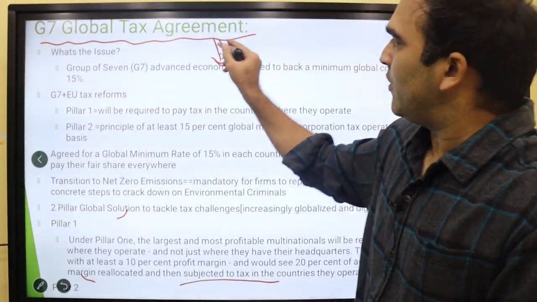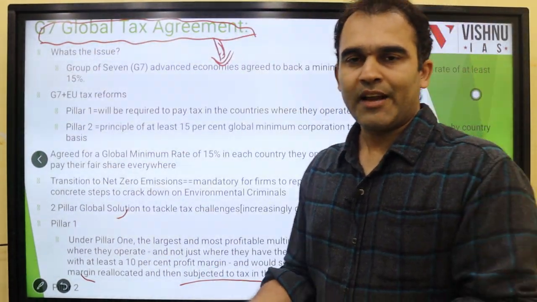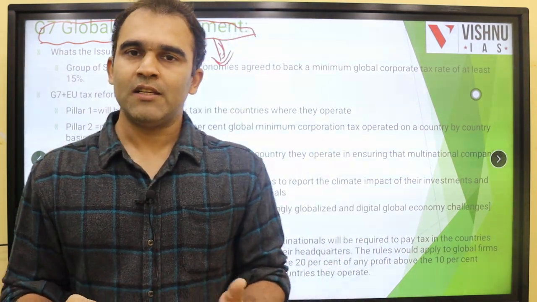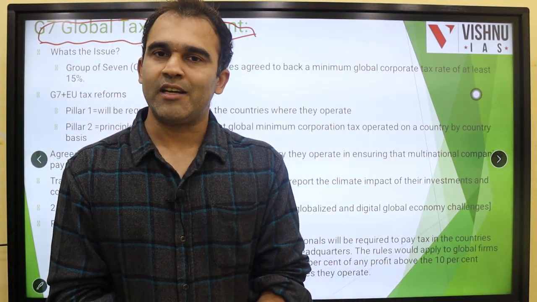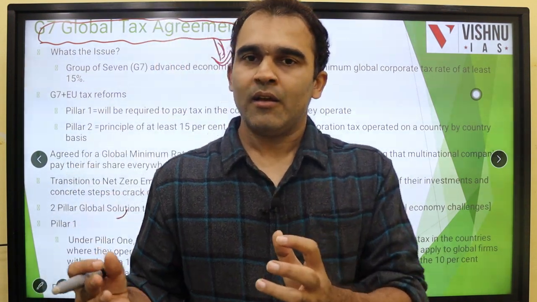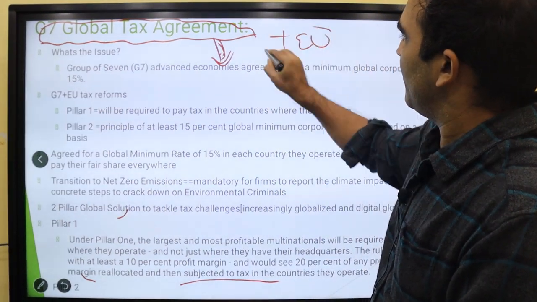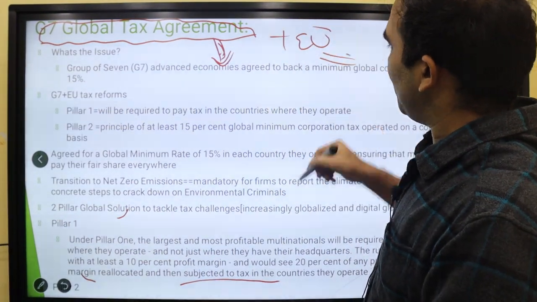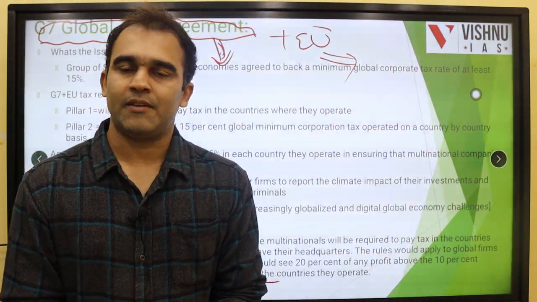Meaning what? What is this global tax agreement? Simply put, it is the agreement that the G7 countries have signed in Britain recently, where they said that they, those 7 countries, of course plus the EU, will be charging a minimum corporate tax of 15%.